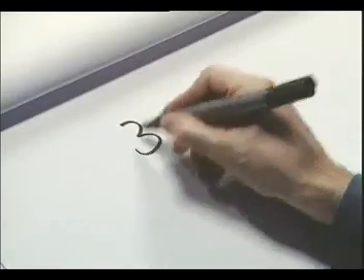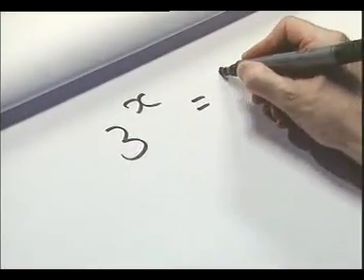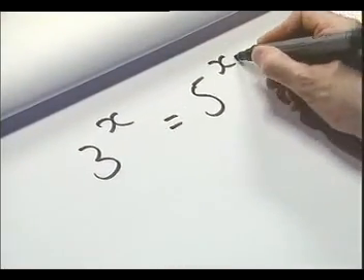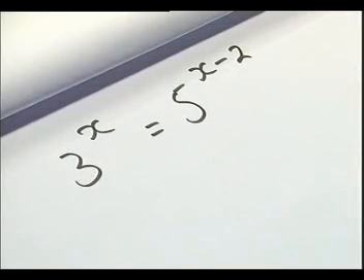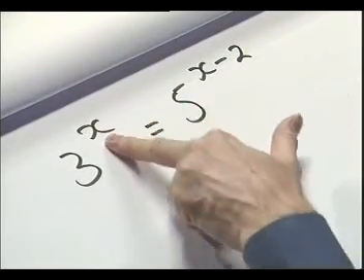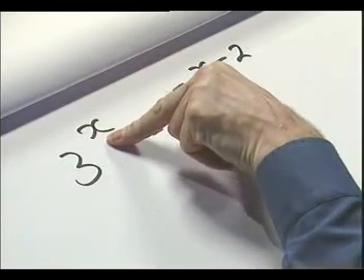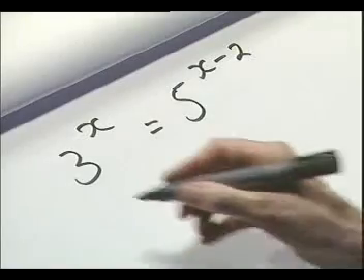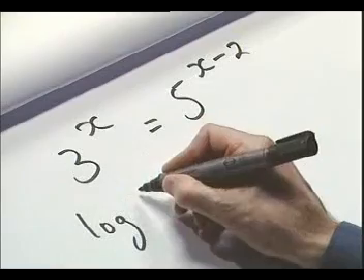If we have 3 to the x is equal to 5 to the x minus 2. What then? Again, the unknown is x, and again, it's upstairs, so to speak. It's in the index, in the power. And we need to bring it back downstairs to the normal level. So again, we'll take logs of both sides.